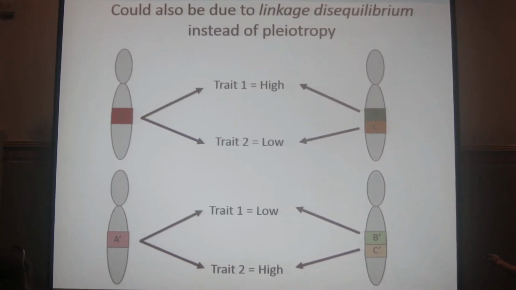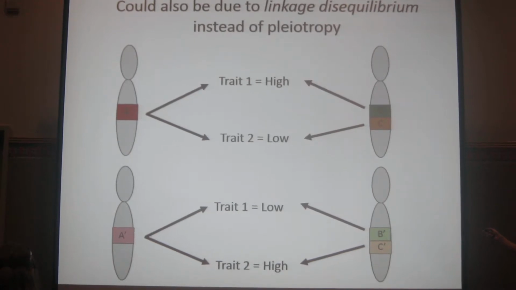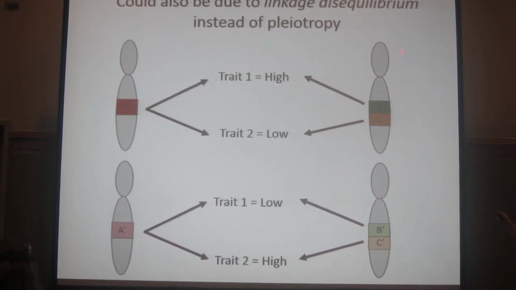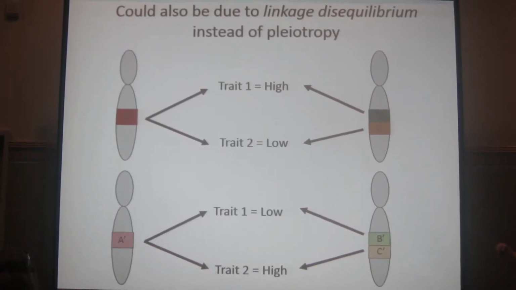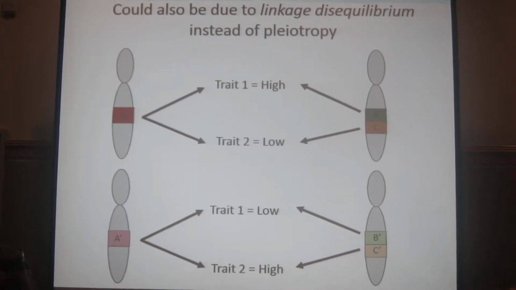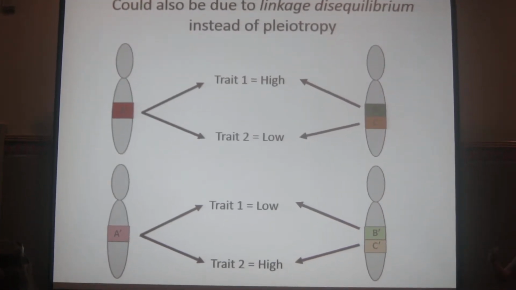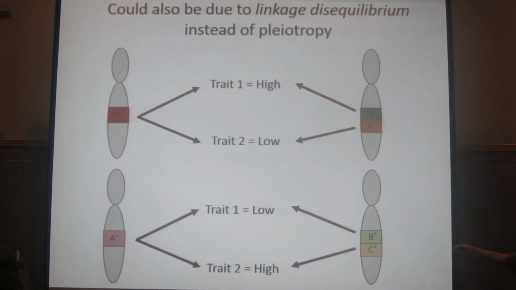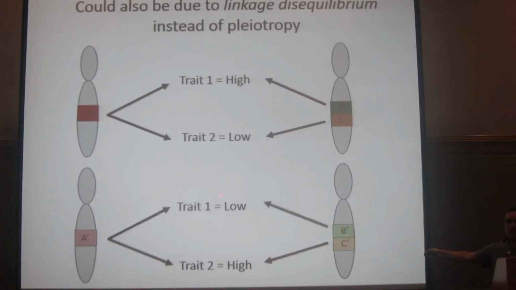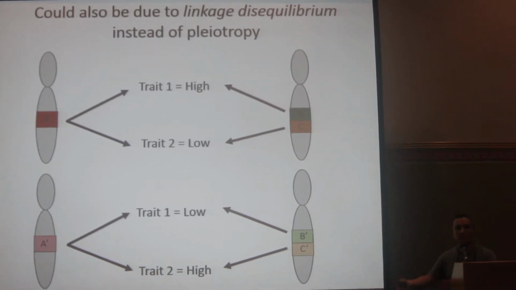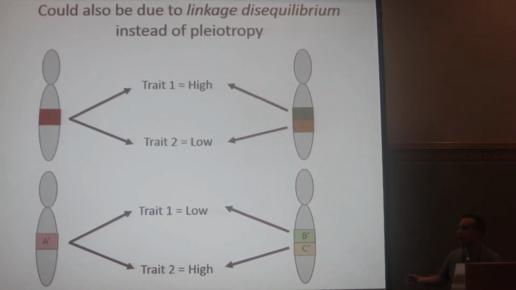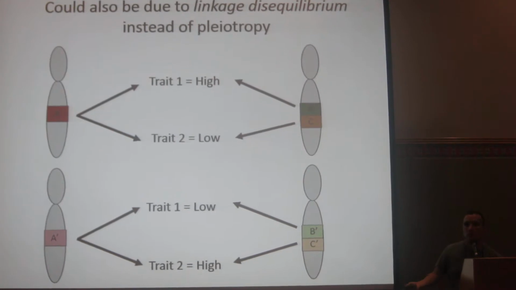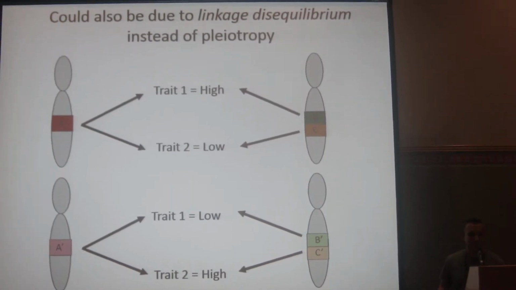Unfortunately, the influence of linkage disequilibrium on the dynamics of the G matrix, which is important to answer questions about the long-term evolution of traits, hasn't been investigated as much as in the case of pleiotropy, for which there are models that tell us a little about how that G matrix changes and can answer questions about trait evolution over time.